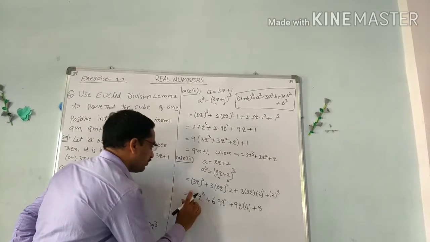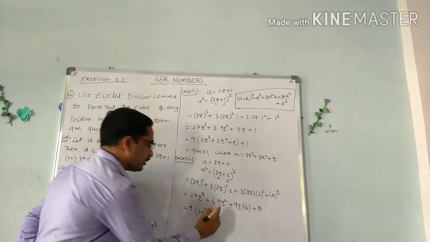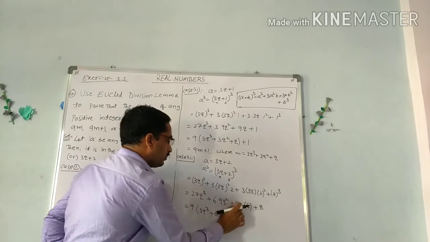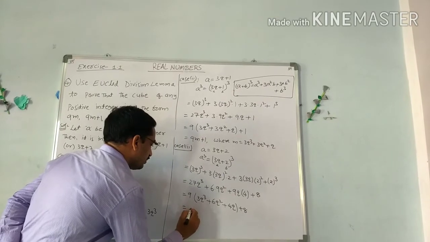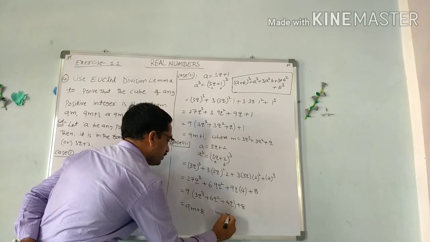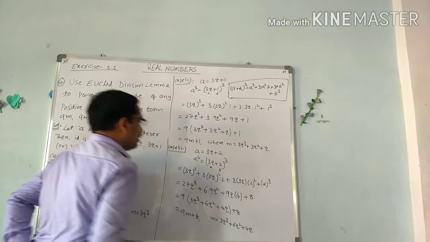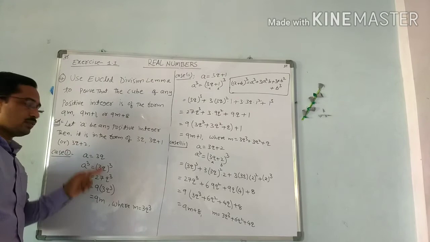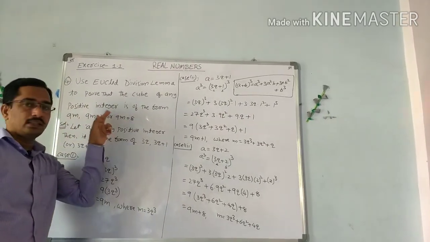So take 9 common from 27: 3q cube, plus 9 common from 6q square, plus 9 common from 4q, plus 8. So it is in the form of 9m plus 8 where m equals 3q cube plus 6q square plus 4q. Means if a is of the form either 3q or 3q plus 1 or 3q plus 2, its cube is of the form 9m or 9m plus 1 or 9m plus 8.